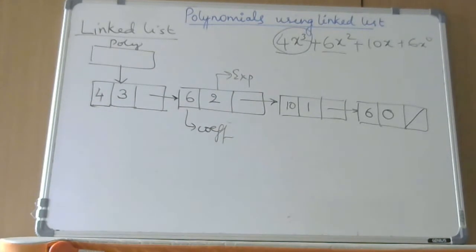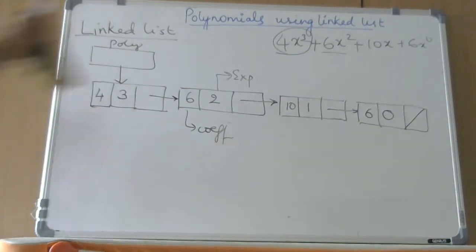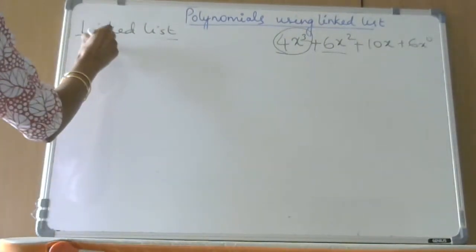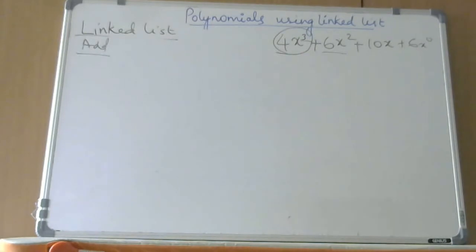Alright. So now let us see one simple example of how we add polynomials generally. Addition of polynomials. How do we add polynomials? You should add those terms whose exponents are equal. Yes or no? Right.